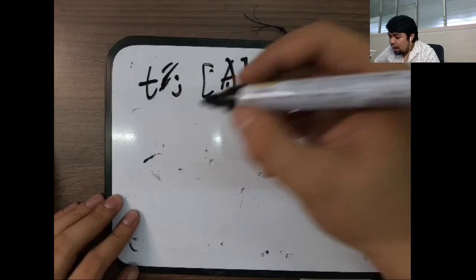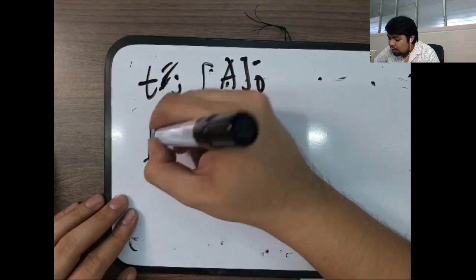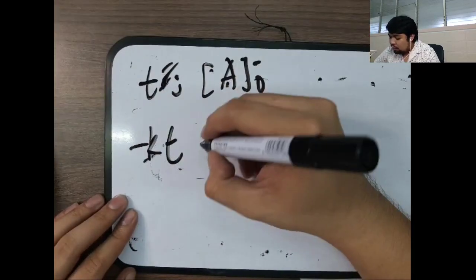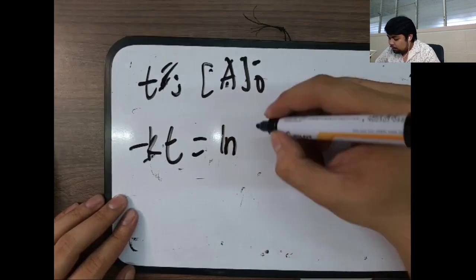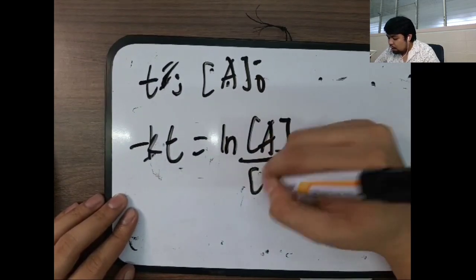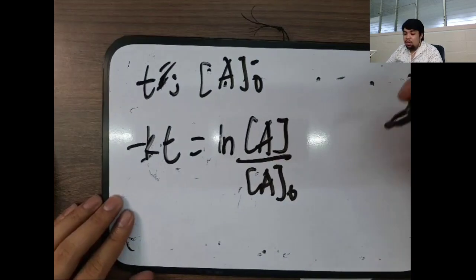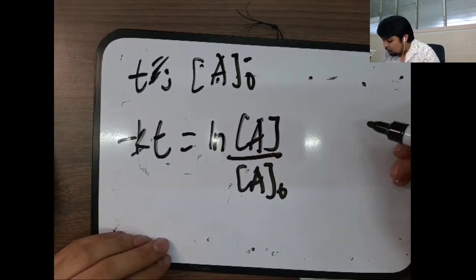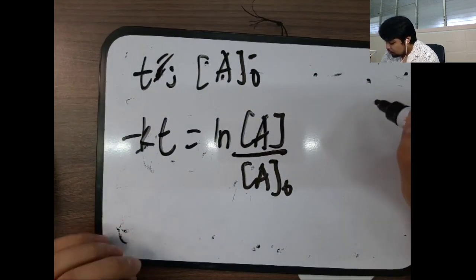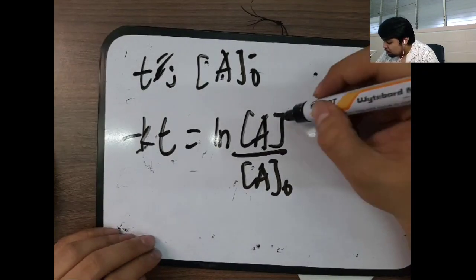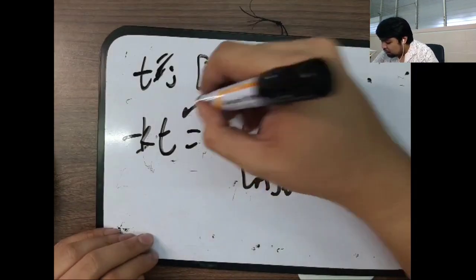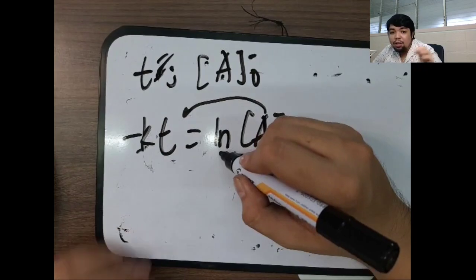So let's go back to the integrated rate law. Negative kt is equal to ln A over A naught, or the initial concentration. You cannot just simply move this here, because you still have a function here, the natural logarithm.